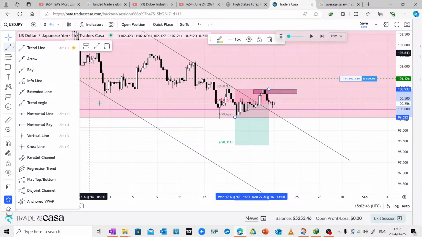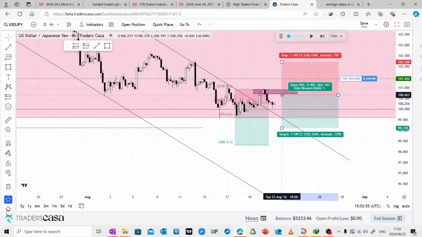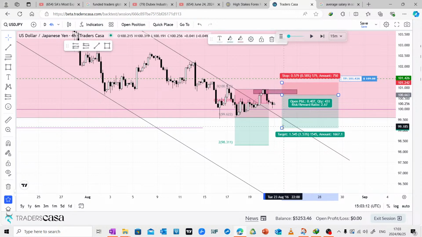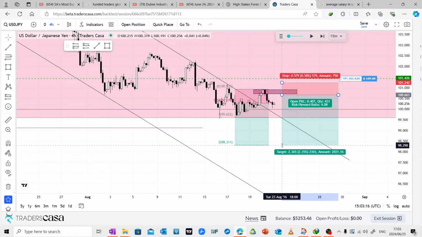So let me use this thing, going short. Right, so if the market retraces back into this bearish order block, I'll put my stops right above those highs, but now there's so many highs together, so it looks like a big stop, right? And put my take profits right there.